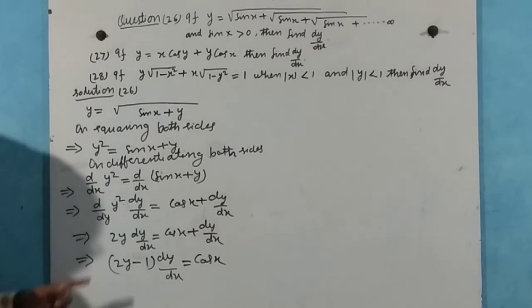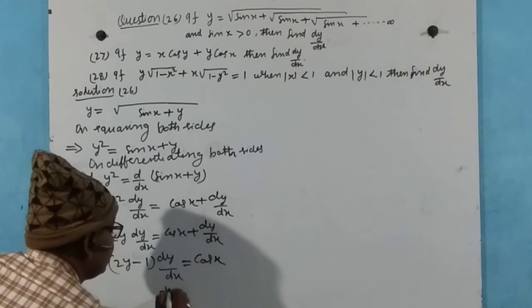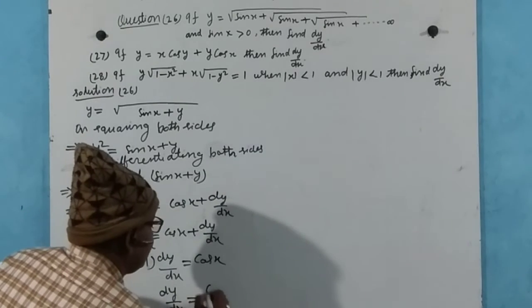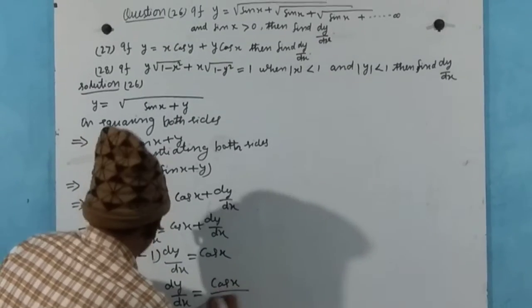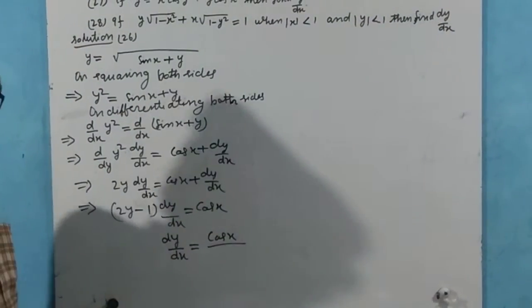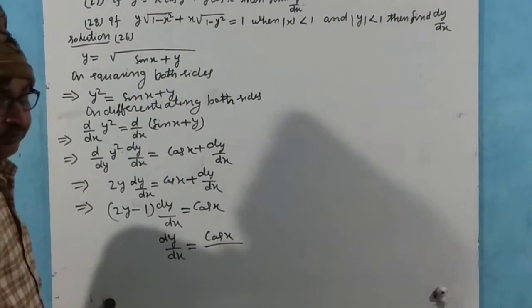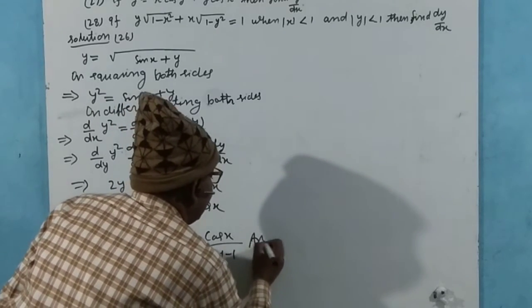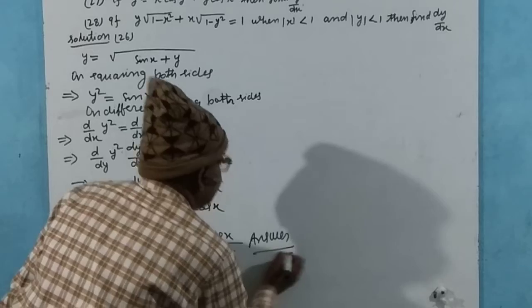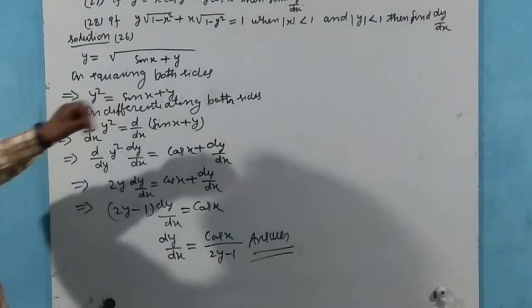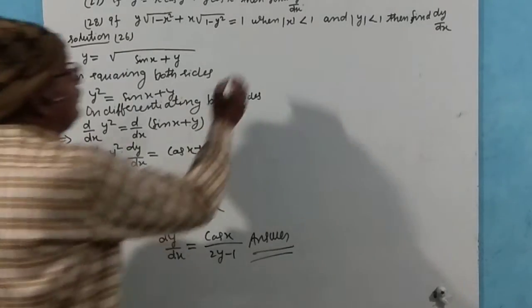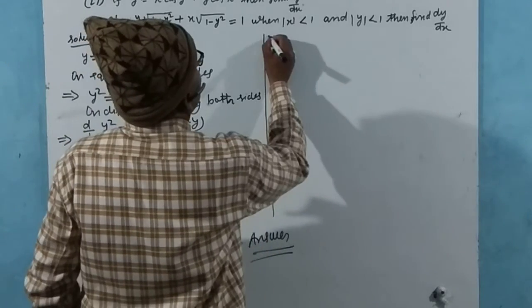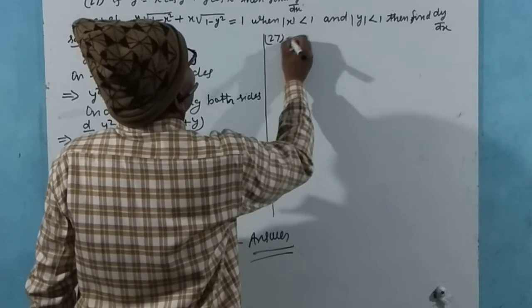Now we get dy by dx equal to cos x by (2y minus 1). This is our answer. Now next question here, 27. Solution of this.